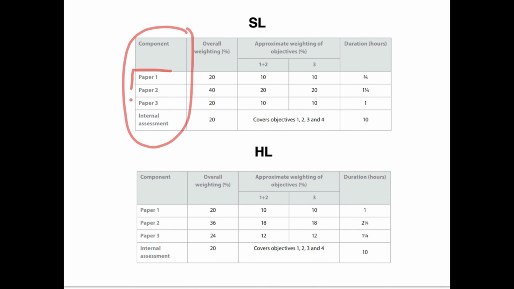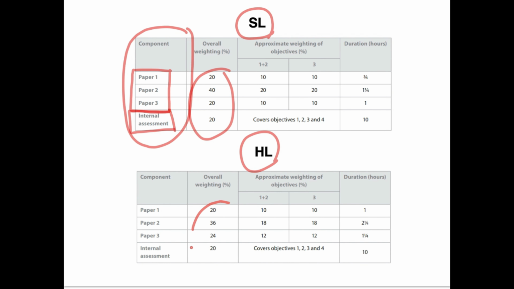Paper 1, 2, 3 is known as the external assessment, which is your test. And the internal assessment, which is short for IA, is a research paper that is done on your own. As you can see, the overall weighting is different for SL and HL students.